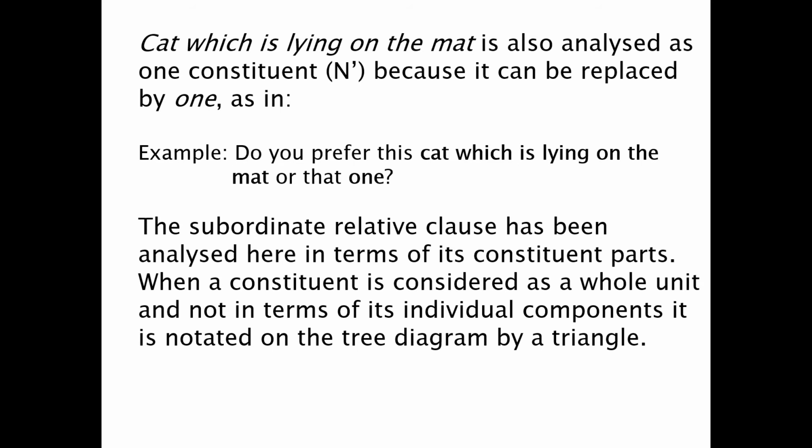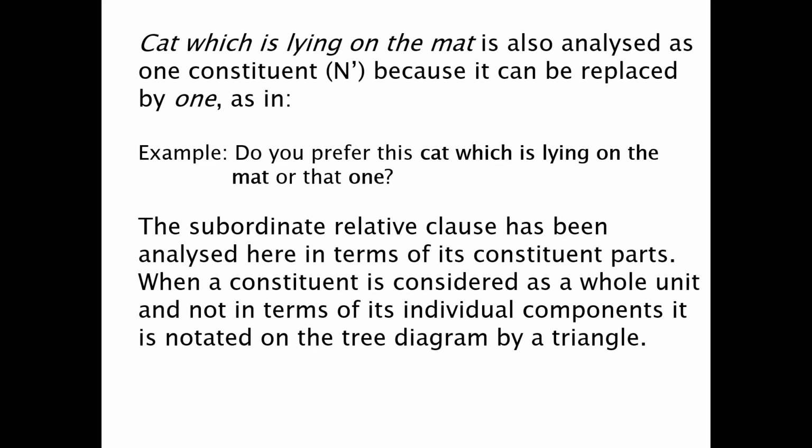Look at the cat under the tree. Which one? The cat with the black hair, the cat which has 3 legs, and so on. Look at that one. Which one? Look at that man. Which one? And so on. So you can use one to replace a noun phrase, or sometimes a verb phrase, or sometimes a relative clause.